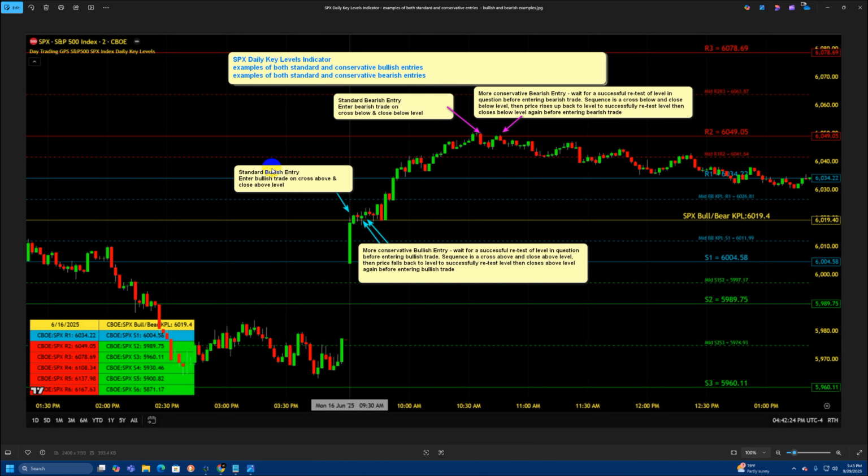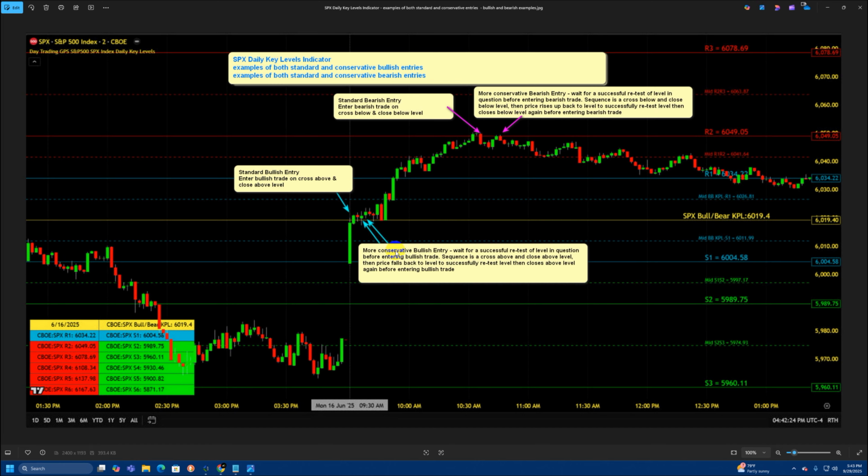Again, to go over it once more, the standard bullish entry is a cross above and close above the level in question, in this case the BBKPL. So you would enter on the close of this candle here.